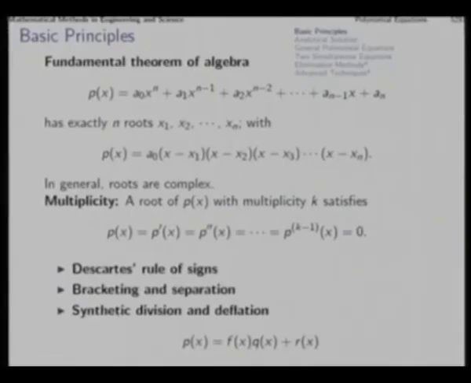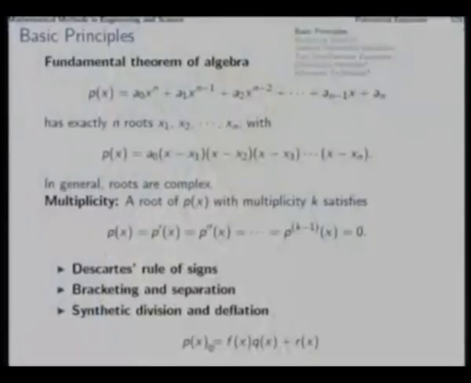One of them is Descartes' rule of signs, and then the other is bracketing and separation of different roots, and then there is a process of synthetic division, in which if we have a polynomial p(x) and we have another polynomial q(x) of lower degree, then with q(x) we can divide the polynomial p(x), and the quotient is f(x) and the remainder is r(x).